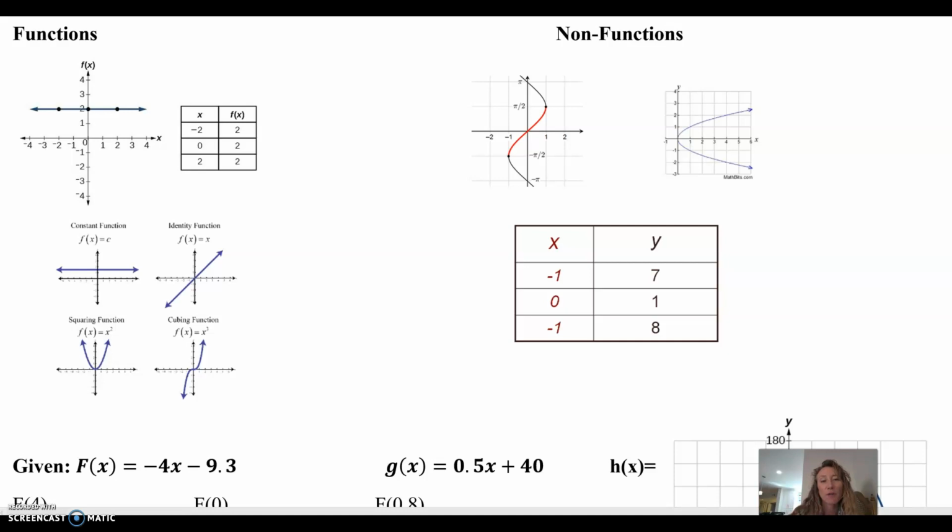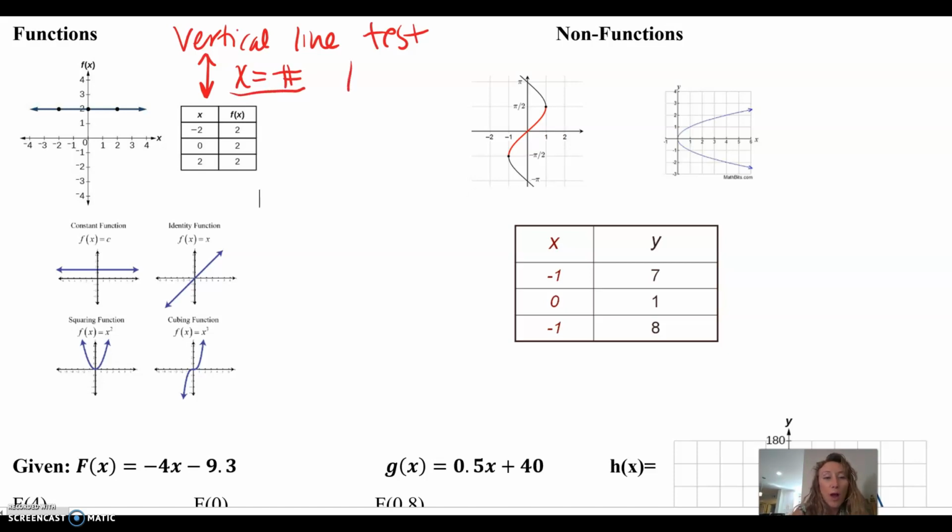We usually use the vertical line test to test if something is a function. A vertical line goes straight up and down, and the formula is x equals a number. With a vertical line test, we're testing the x values to make sure there's just one y value for each x value.